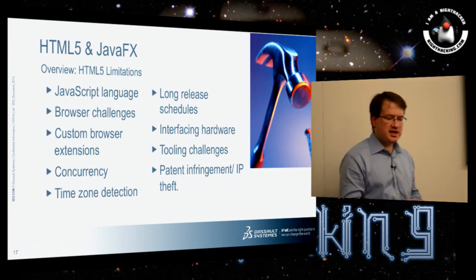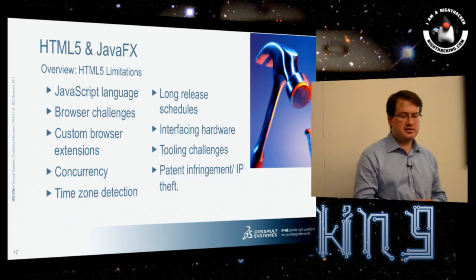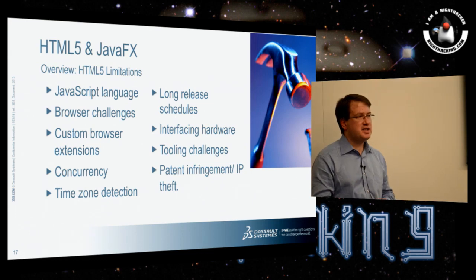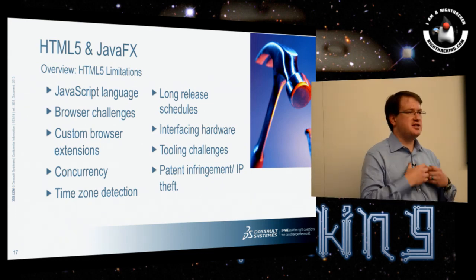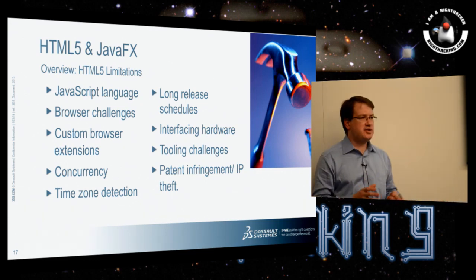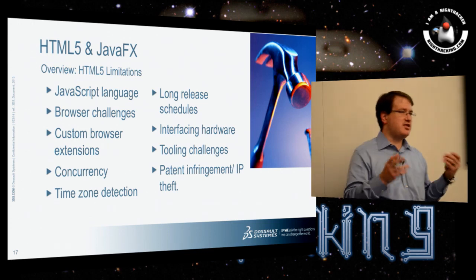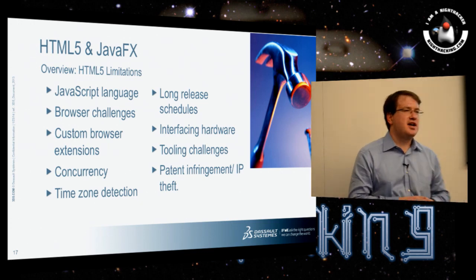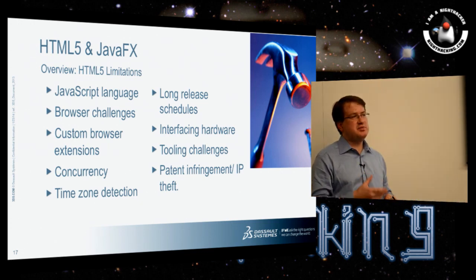And then the bigger thing is you have to worry about patent infringement and IP theft. If you're writing an HTML5 application, your application is distributed as plain text essentially. So anybody can download it, reverse engineer it, try to figure out how to hack it, for instance. They can also look at it to see if you implemented an algorithm similar to the way that they did.